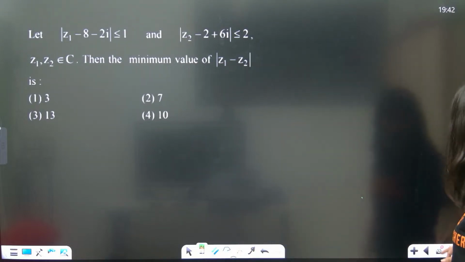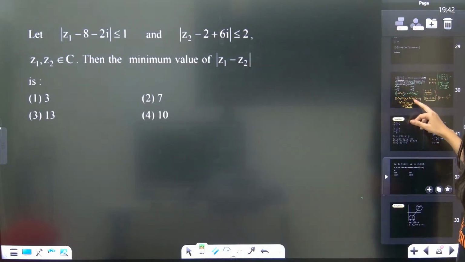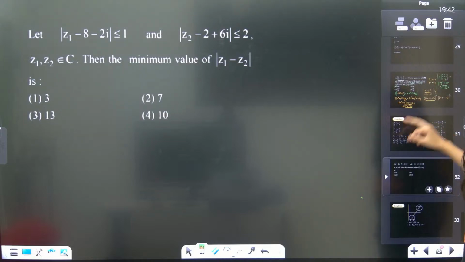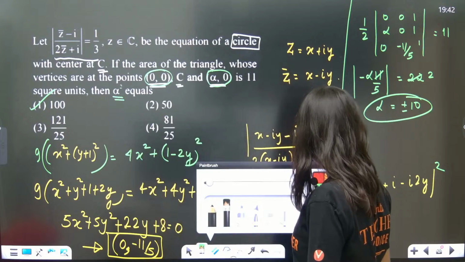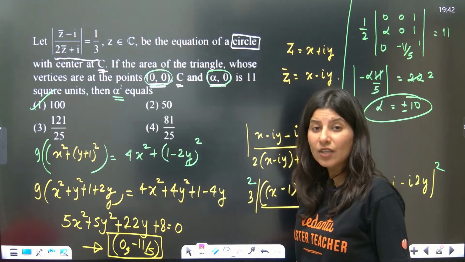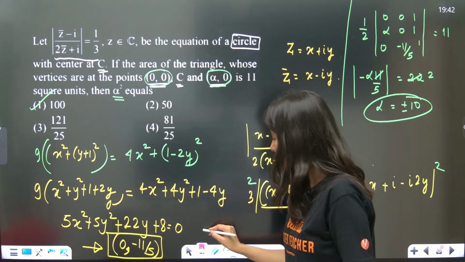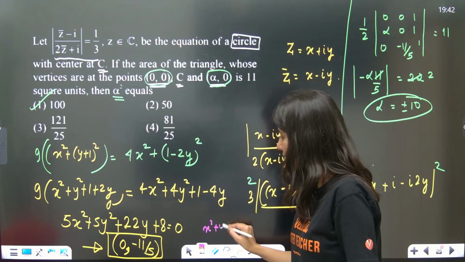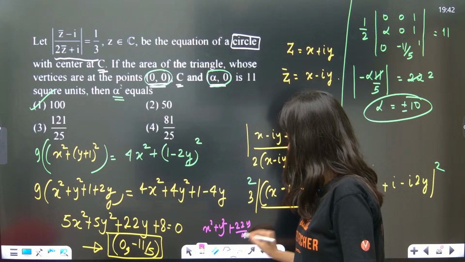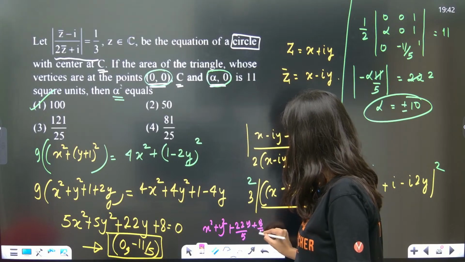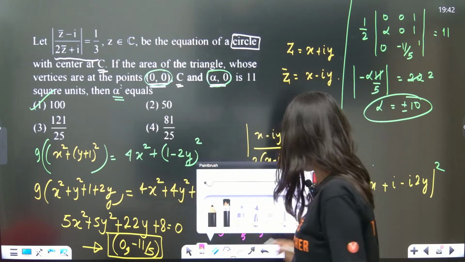Jantika is asking how you found the center. See, how do you find a center? If this equation is given to you, first of all, make the equation free from any coefficient of x square and y square. So the equation will be x square plus y square plus 22y by 5 plus 8 by 5 is equal to 0.